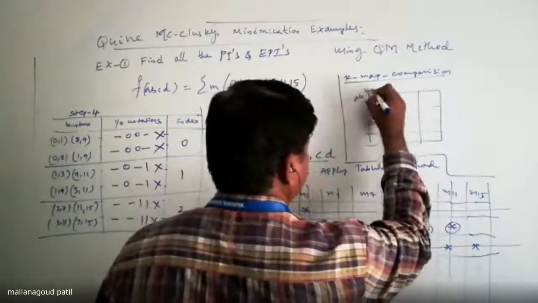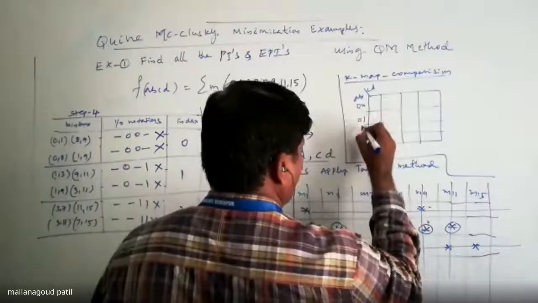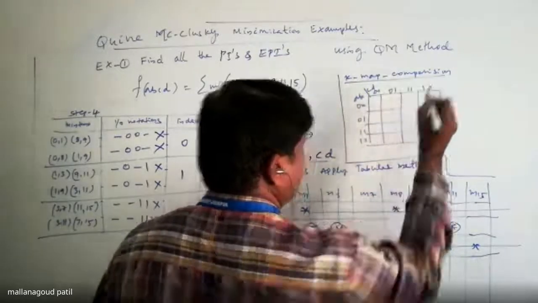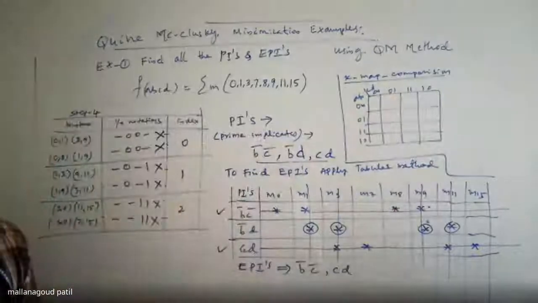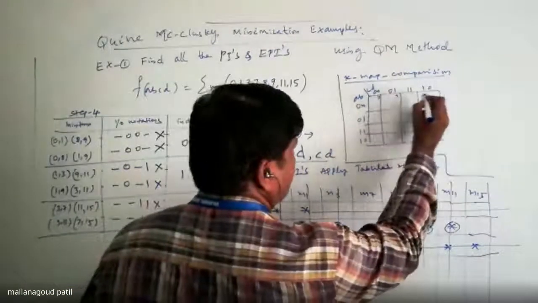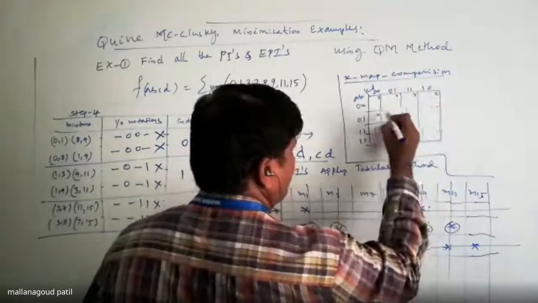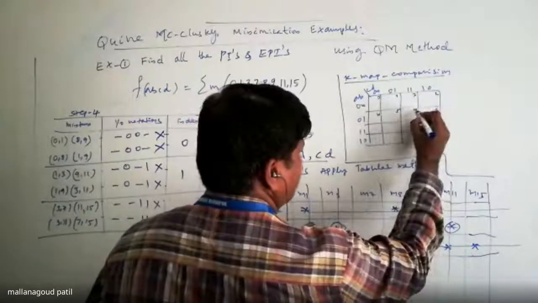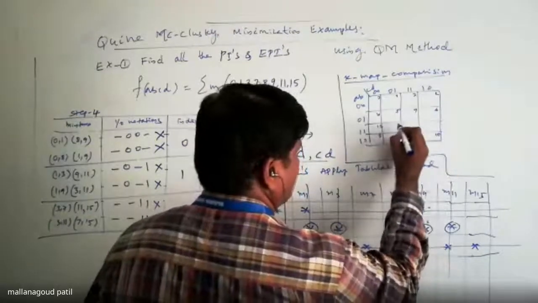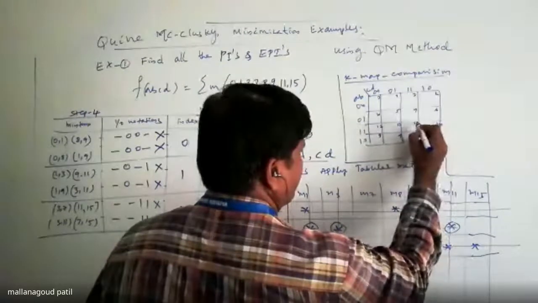This is AB, CD: 0 0, 0 1, 1 1, 1 0, and 0 0, 0 1, 1 1, 1 0. The cell numbers you know already: 0 to 15.